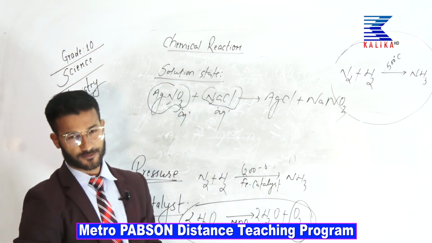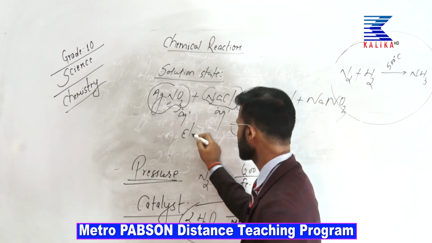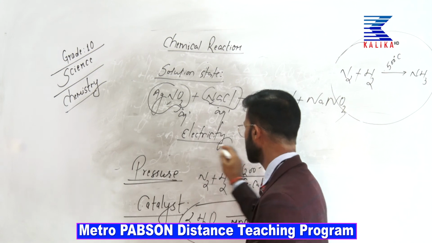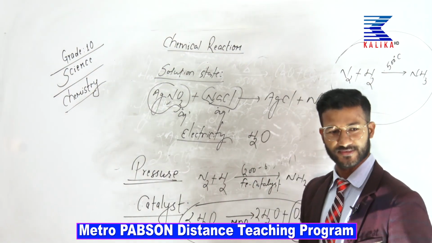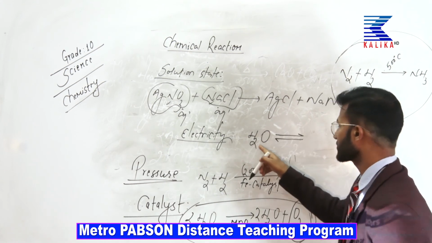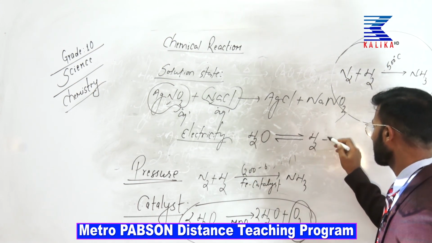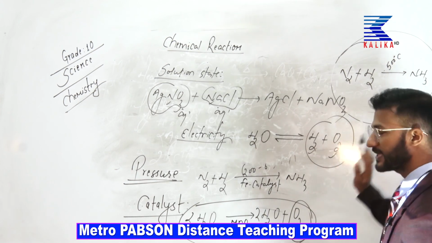And electricity, of course. Look here, electricity is also needed for some chemical reactions to take place. For example, electrolysis of water. When water is electrolyzed by the supply of electric current, it breaks down into two different gases, hydrogen gas and oxygen gas.